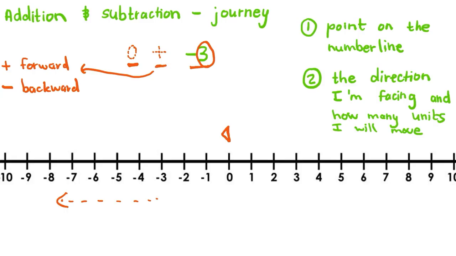Therefore, I look at my operation. My operation is plus, because it is plus, I am going to move forward 3 steps. 1, 2, 3. And I land on -3. So I walked 3 units and I landed on -3. And that is also my answer. So the point where I landed on the number line becomes my answer.